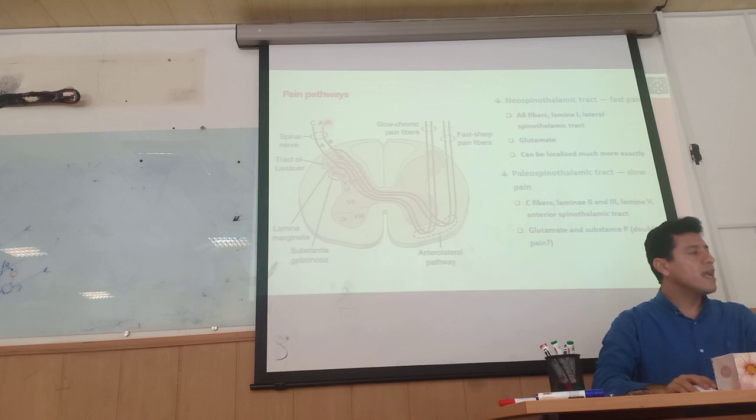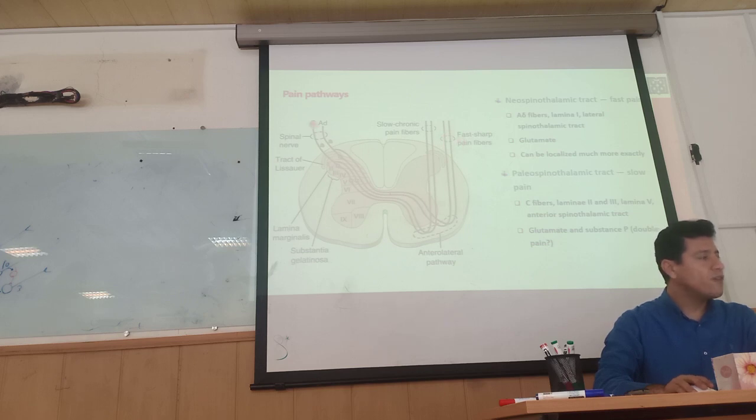So, you can see that A delta fibers come to the spinal cord, they go to layer 1. Here. In layer 1, we have the second order neuron that crosses the midline, right? And goes to the lateral spinothalamic tract. It's for fast, sharp pain.